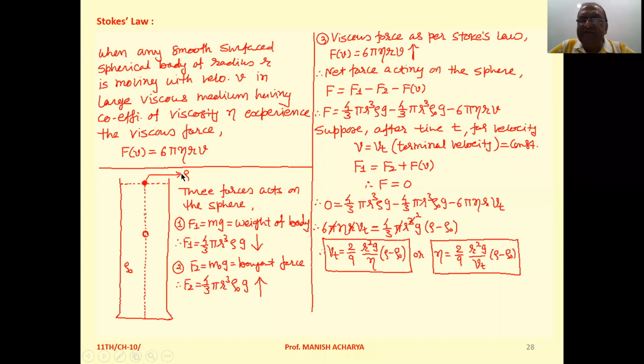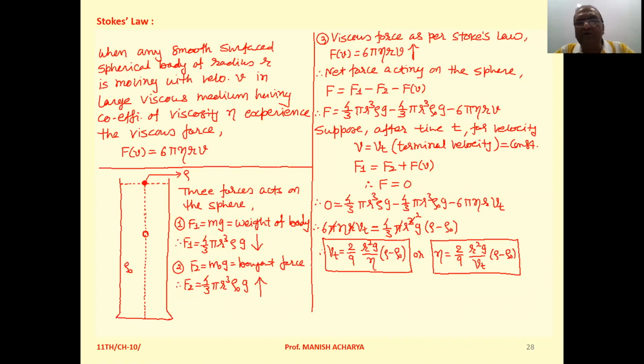Suppose the density of the material of this body is rho, then the mass of the body is volume into density, so mass is 4 by 3 pi r cube into density rho. So the weight of the body is 4 by 3 pi r cube rho g, and the weight acts in the downward direction. So I have shown the arrow downward here.